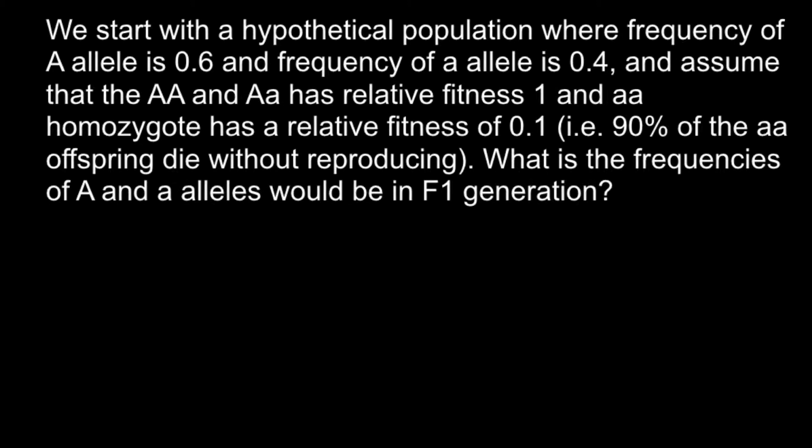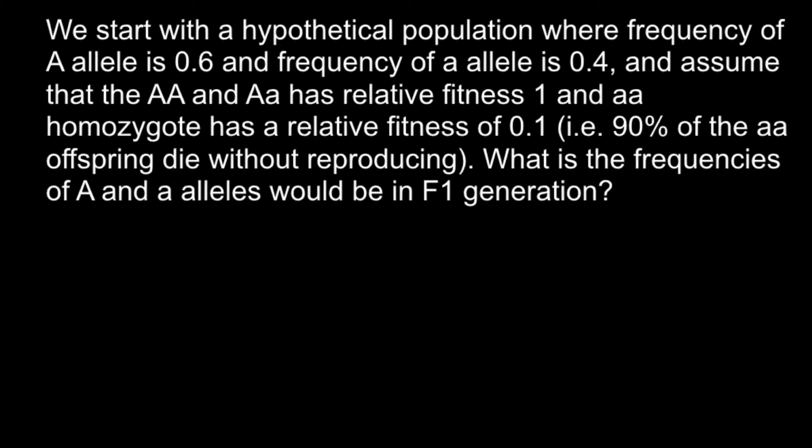Hi, today I prepared another population genetics video, and here is a problem. We start with a hypothetical population where the frequency of the capital A allele is 0.6 and the frequency of the small a allele is 0.4, and assume that homozygous dominant and heterozygous genotypes have relative fitness 1 and the homozygous recessive genotype has relative fitness of 0.1.